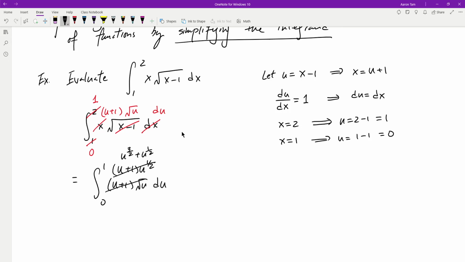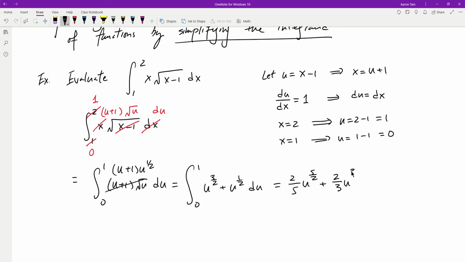So that's the integral from 0 to 1 of u to the 3/2 plus u to the 1/2 du. That integrates to 2/5 u to the 5/2 plus 2/3 u to the 3/2, evaluated from 0 to 1.